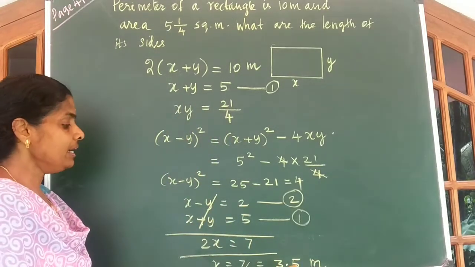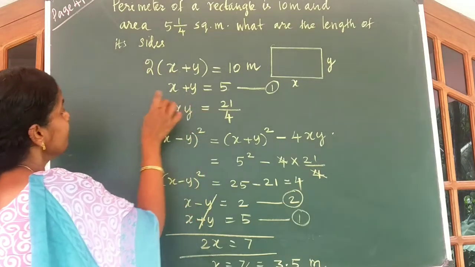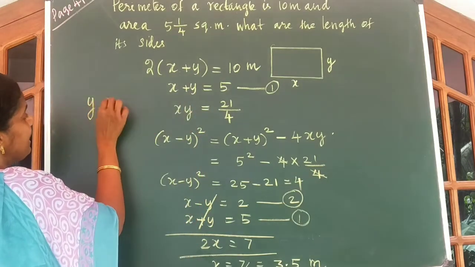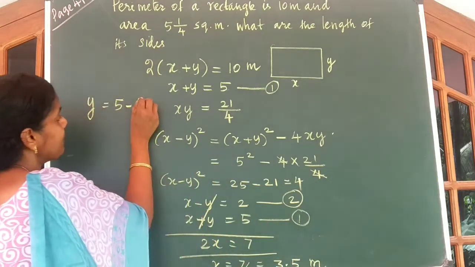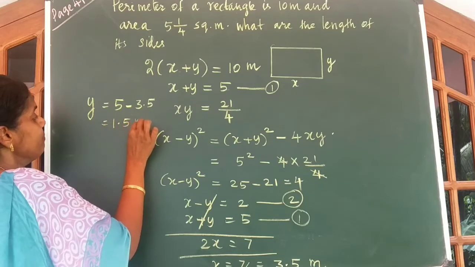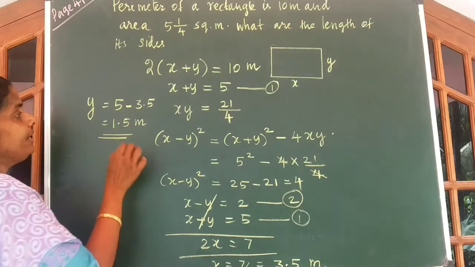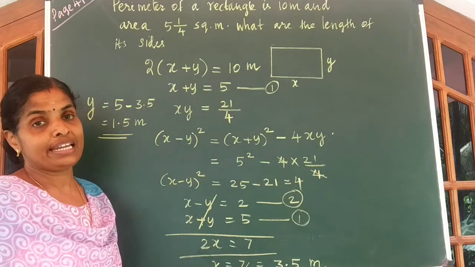So we can say length is equal to 3.5. To get breadth, we can say breadth y is equal to 5 minus our 3.5, which gives you 1.5 meter. So we got the length as well as breadth of the rectangle.